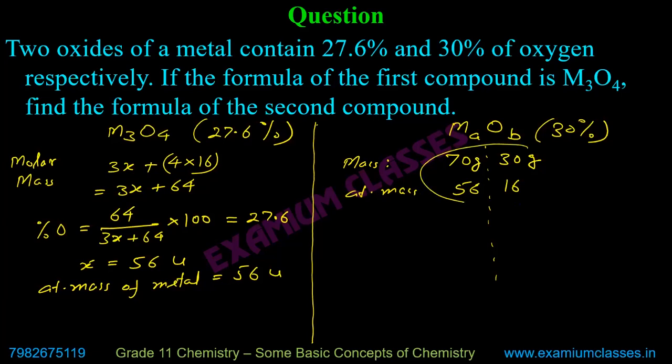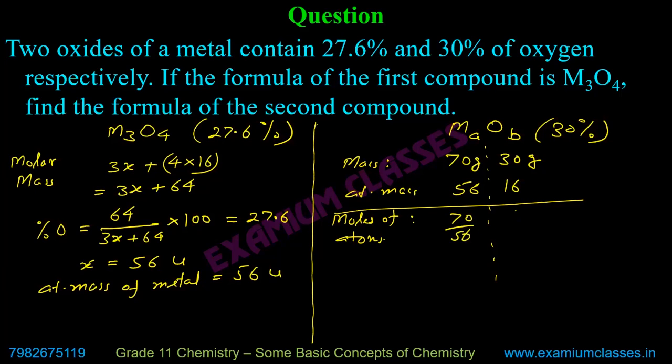From this data, I can calculate the moles. Moles here will be given mass upon atomic mass. From here, you will get the ratio as 2:3. That is M2O3. So here I have just compressed it.